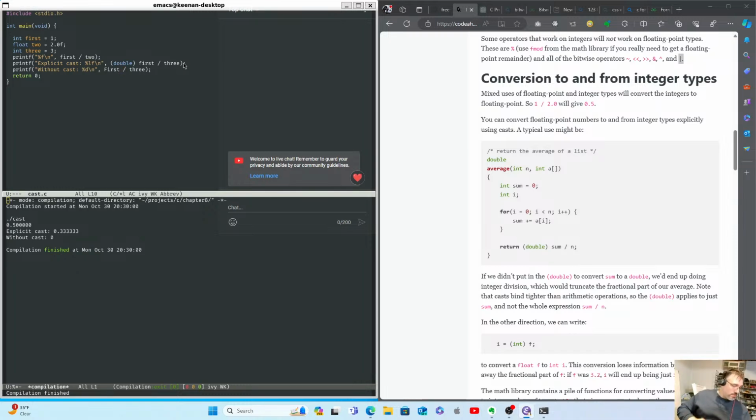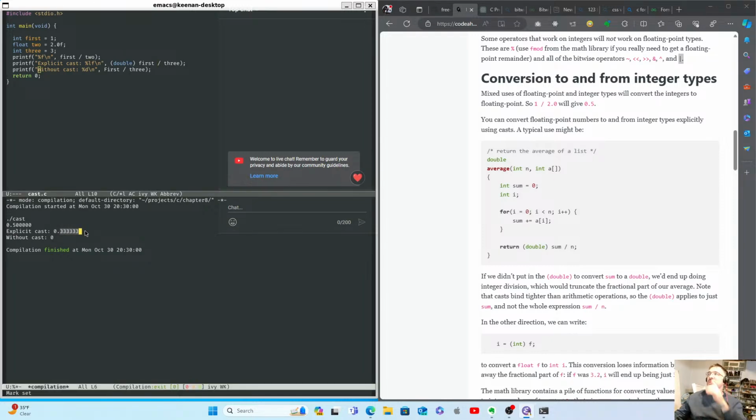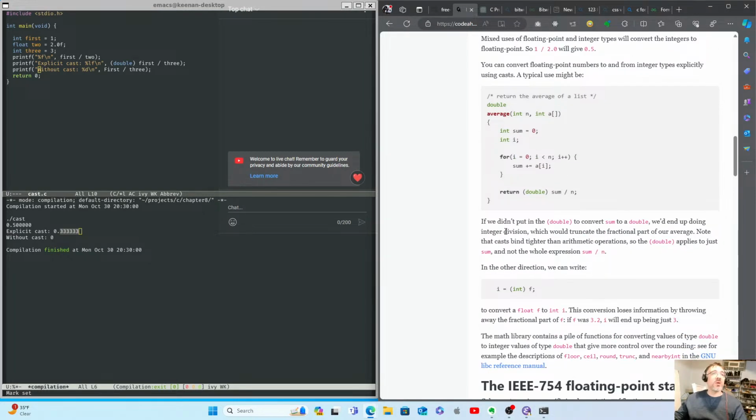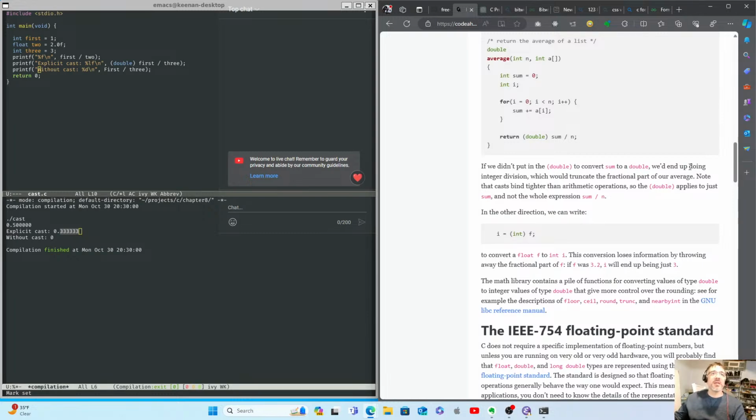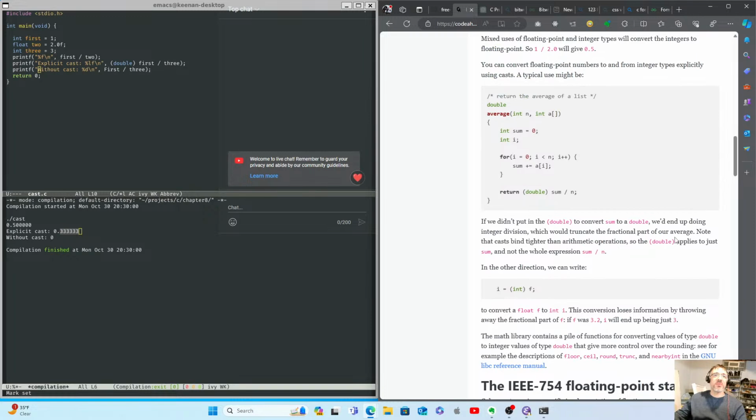So what we have here is the first one is using float, and you get 0.5000. Second, using the explicit casting double to 2 ints, and you get 0.3333. And if we did it without the cast, we truncate the fractional portion of it, and you get 0. Nice. Okay. So let's continue at this location. If we didn't put in the double to convert sum to a double, we'd end up doing integer division, which would truncate the fractional part of our average.